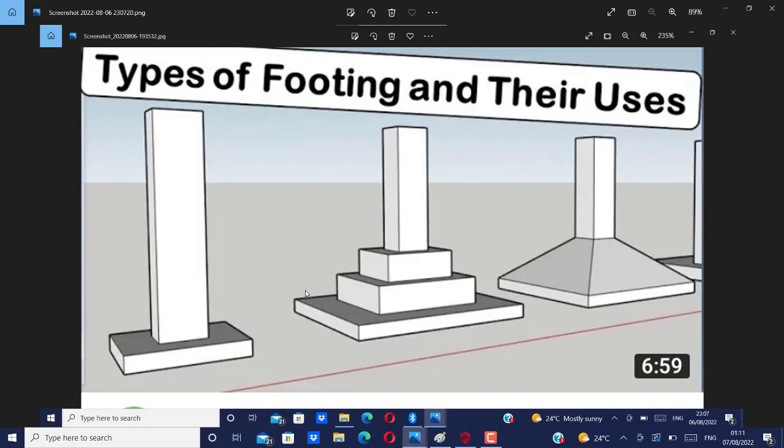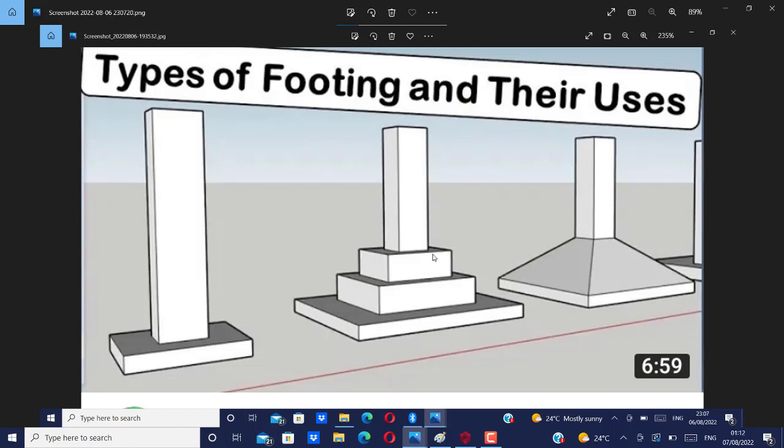So instead of casting this whole thickness, they took 1.5D from the face of this column and cast only this part because they want to be economical in the design. So that's why sometimes when you see footing being stepped like this, the essence is they are trying to take care of punching shear. So when you see things like this, just know that they are trying to take care of punching shear.